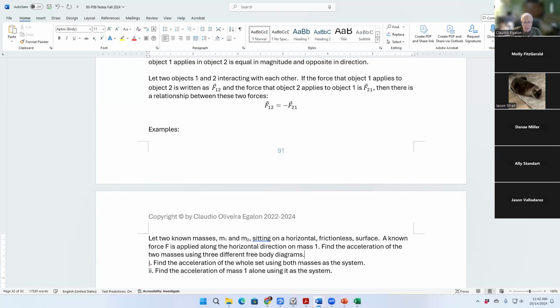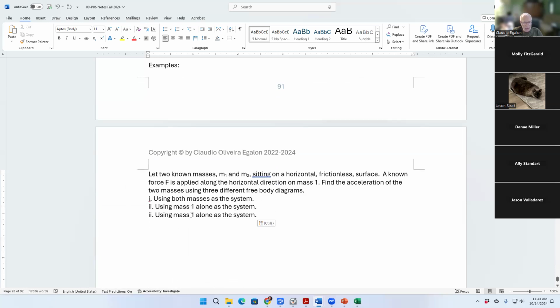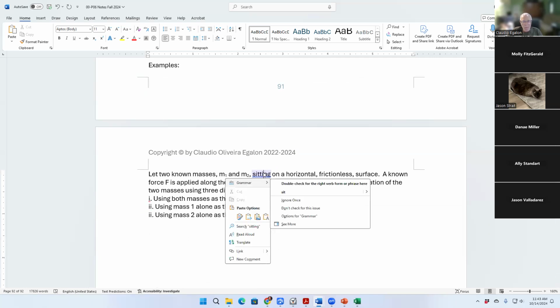Using both masses as the system, using mass 1 alone as the system, using mass 2 alone as the system. That's it.